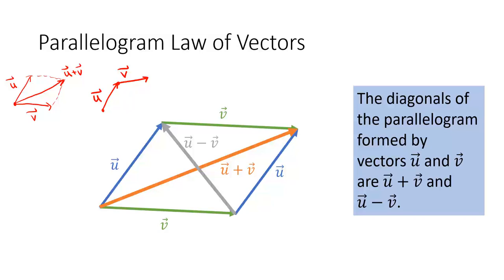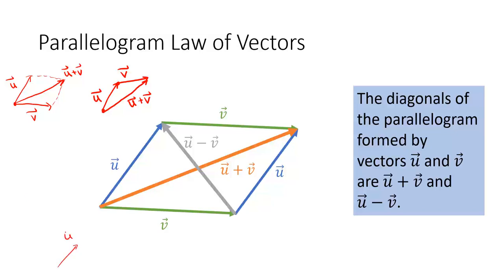If I draw my graph in this way, then the tip of my vector u to the tail of my vector v, this is my answer for u plus v graphically. And you can see these two graphs are actually talking about the same vector, u plus v. They are equivalent.